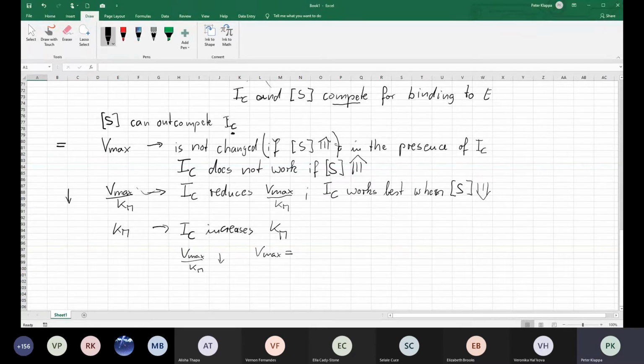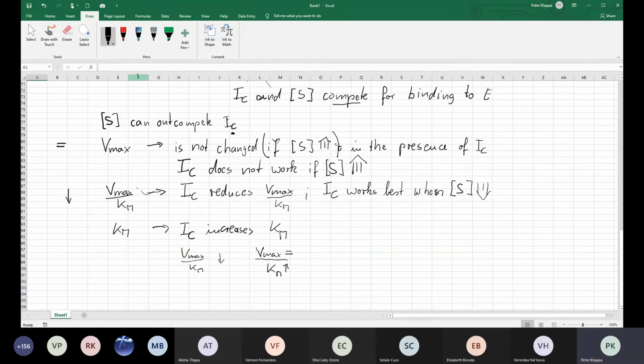And Vmax over Km can only go down if Km goes up.